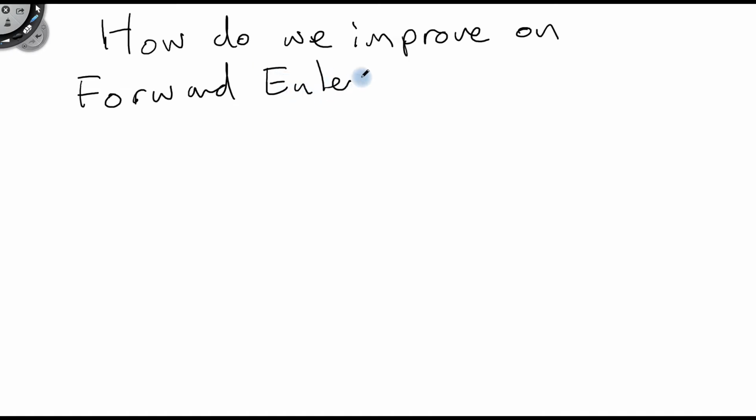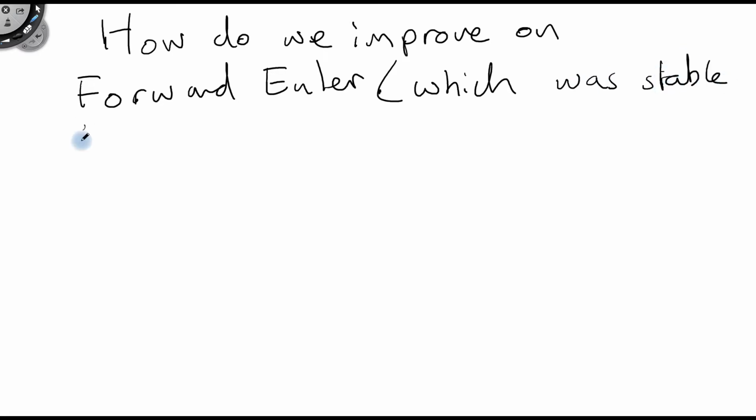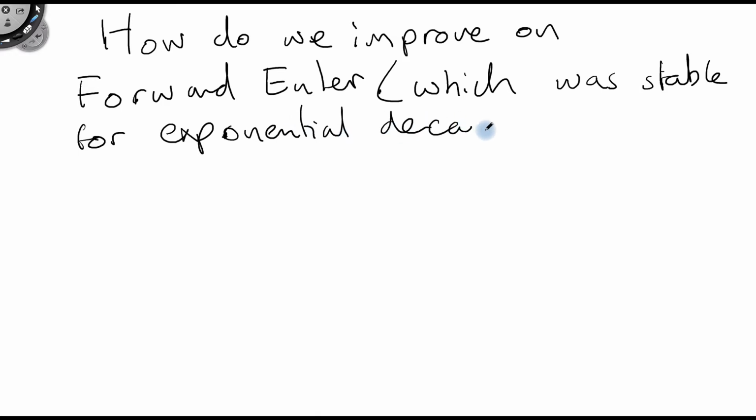And remember, forward Euler worked quite well for the exponential decay case, but it didn't for oscillation, which was stable under some cases for exponential decay, but not for oscillation.